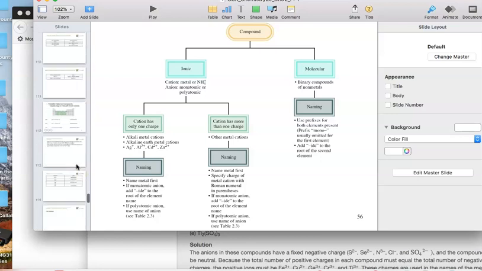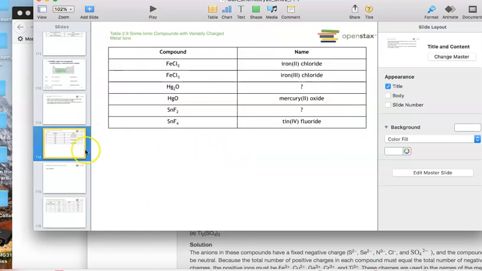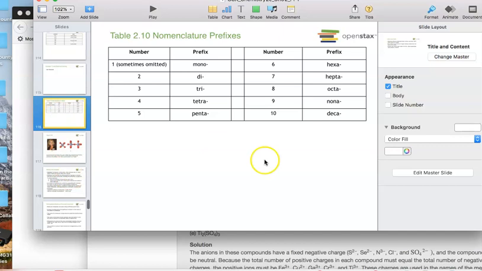So the hard part about naming molecular compounds is having to memorize the prefixes. Okay, so you can't get away from this, but I'm sure most of you are familiar with these prefixes anyways, because you've probably heard of a hexagon and a heptagon and an octagon and a nonagon, and that sort of thing in math. So prefixes mean the same here.